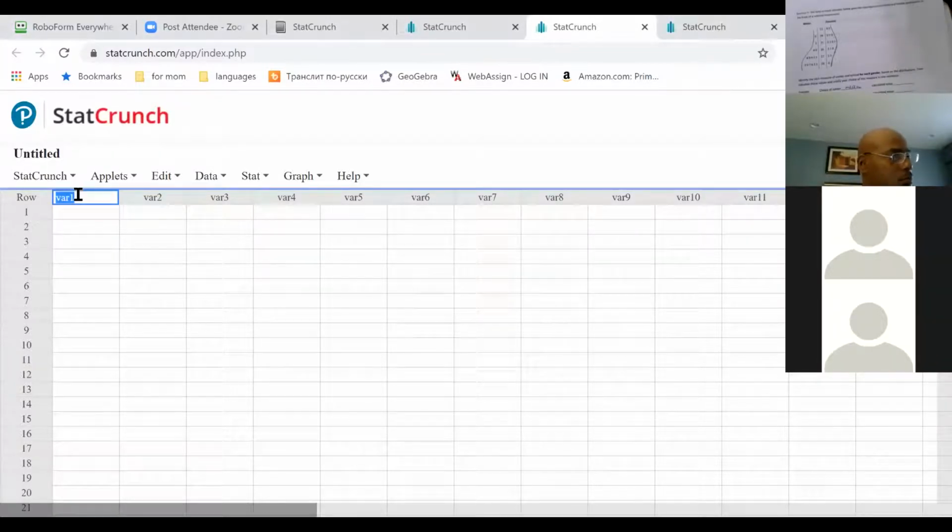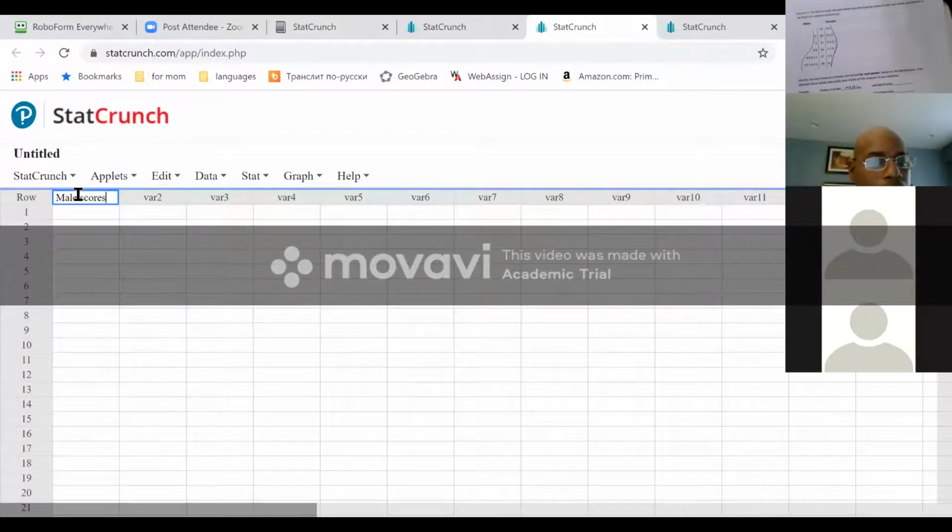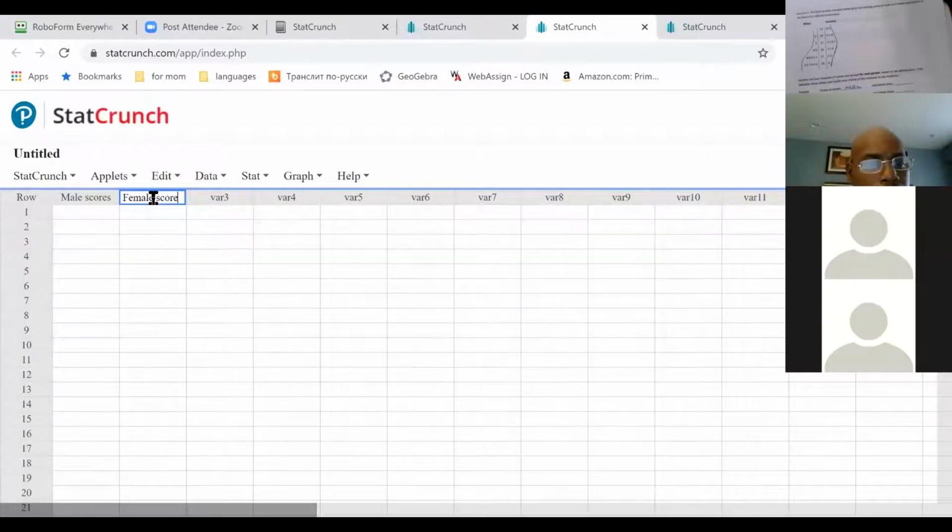I'm going to name the columns male scores and female scores. Now I'm going to enter those scores.